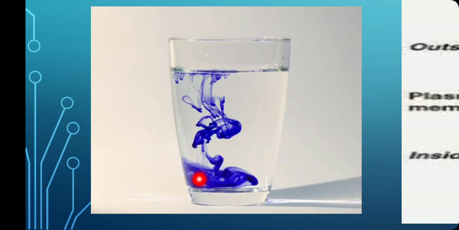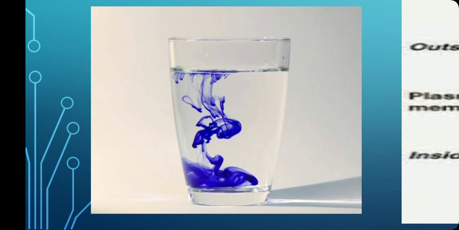After some time this copper sulfate starts dissolving in water and spreading in the whole water. So this is called diffusion. The molecules move from their higher concentration to the lower concentration until equilibrium is set up, until the whole water has an equal distribution of copper sulfate. This is called diffusion.